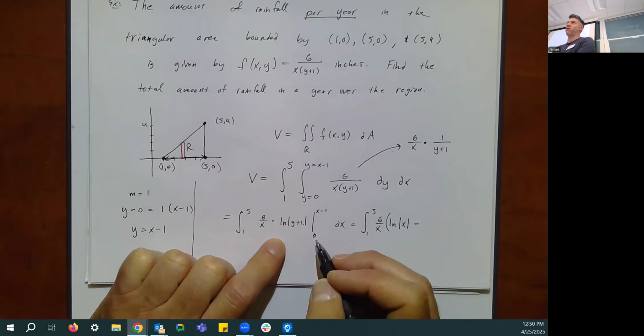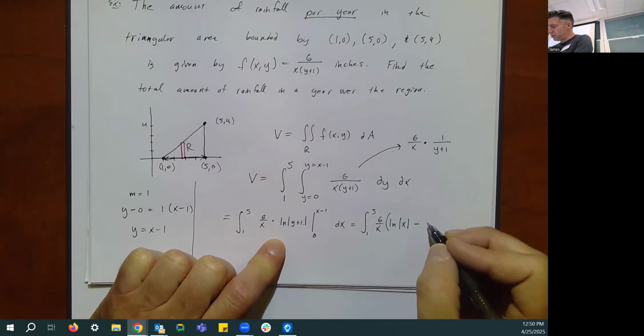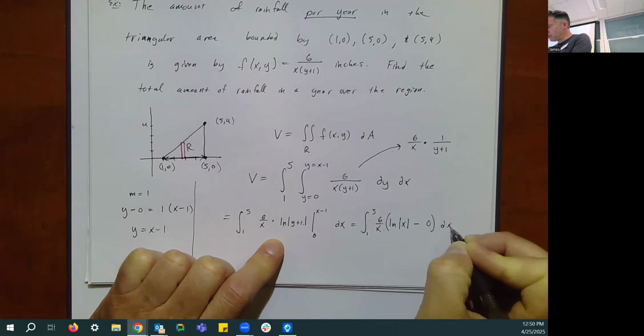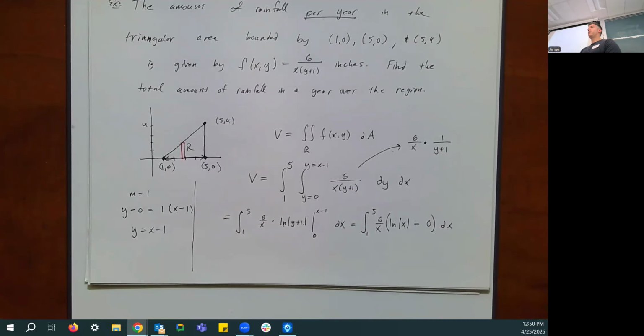But that's the natural log of 1, which is 0. Technically, I don't need to write the absolute value of x there because the limits of integration for x are all positive numbers. We're starting at x equals 1, ending at x equals 5. x is already positive.